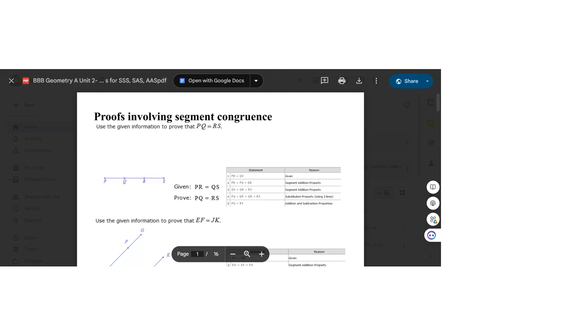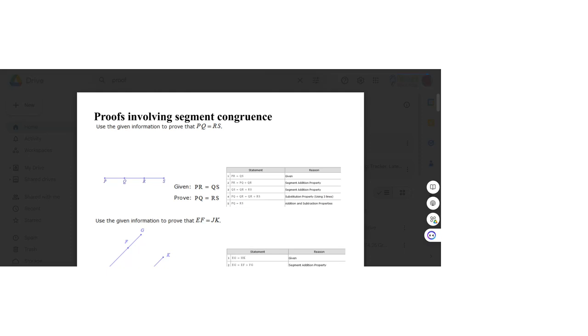So these are proofs involving segment or line congruence, lines being the same length. For the first one, we have this line segment like a ruler, right? Because we're now applying it to adding inches or units, PQRS.